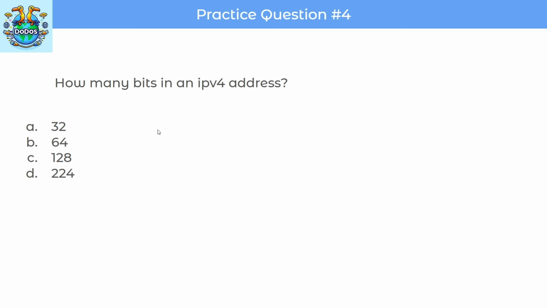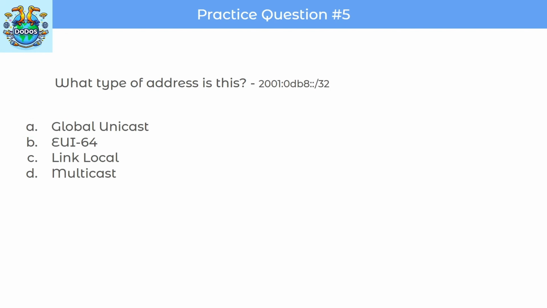How many bits in an IPv4 address? The answer is 32. What type of address is this? The answer is A, Global Unicast.